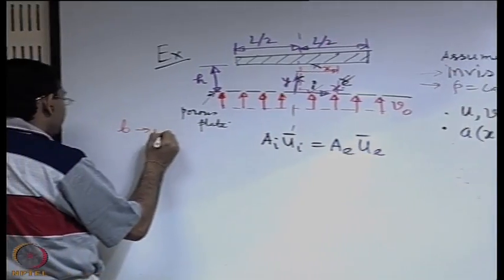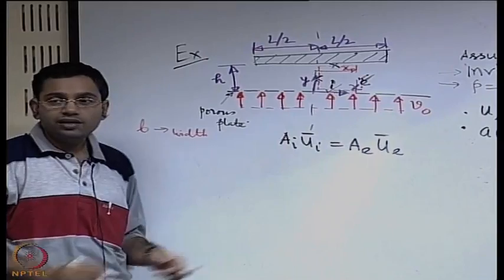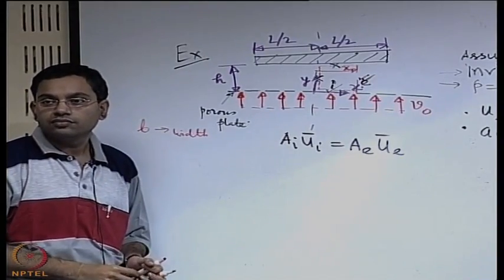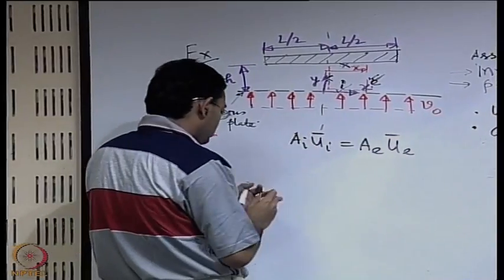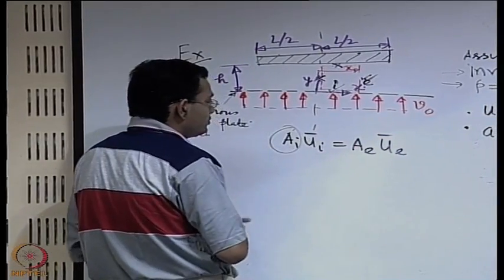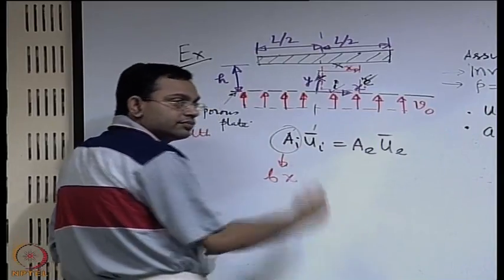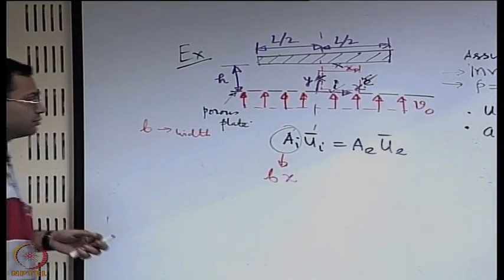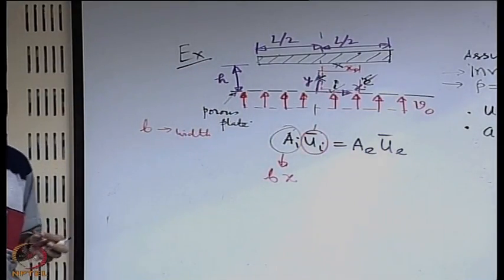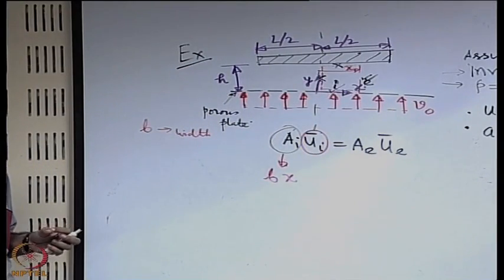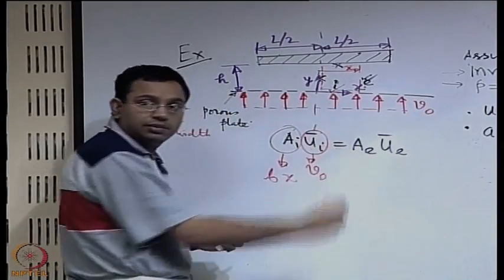So what is this AI? B into x. What is this ui average? It is V naught, because it is uniform, so average and local everything is the same.